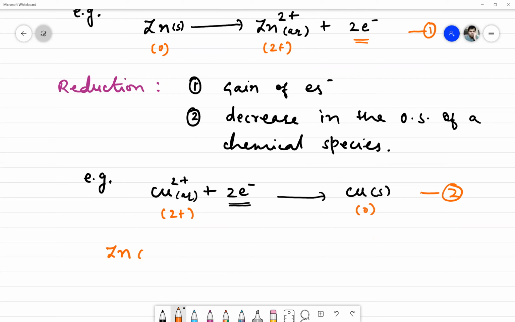Zinc metal reacts with the copper 2 plus metal ions present in solution, and we get zinc 2 plus ions aqueous and copper metal. Okay, so this overall reaction is called a redox reaction.